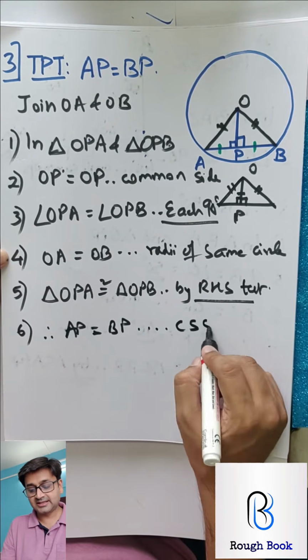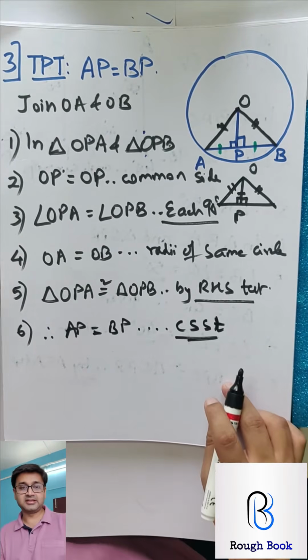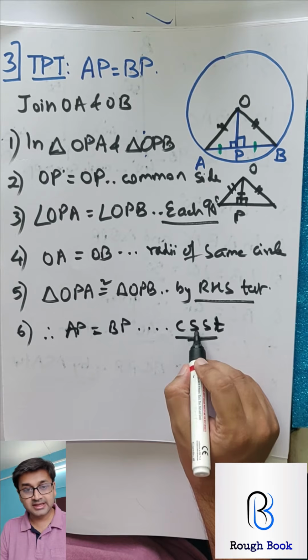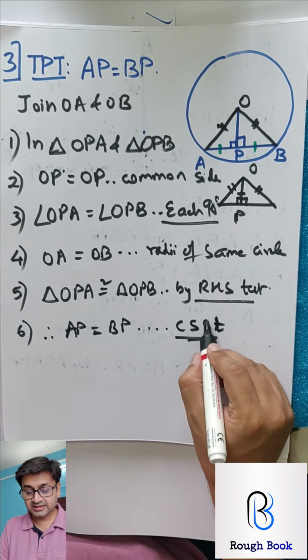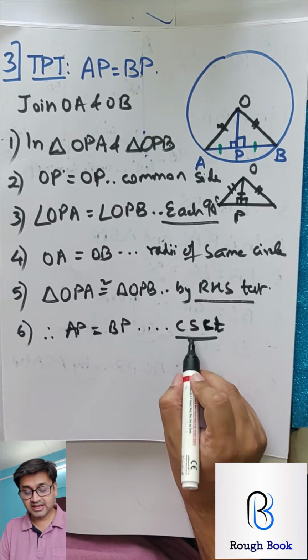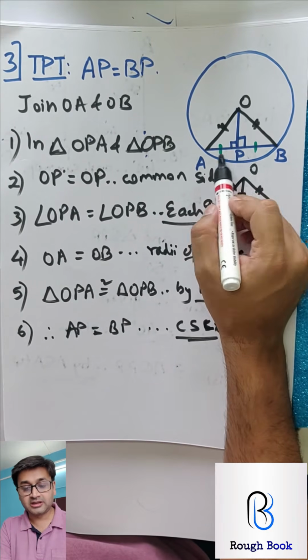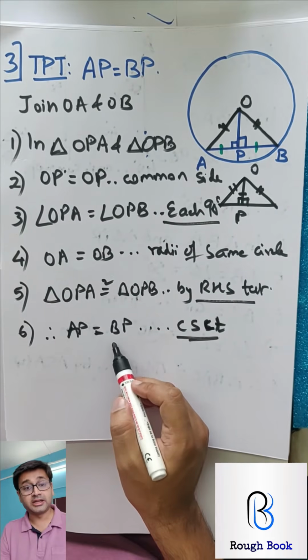Reason will be CSCT. What is the CSCT? Now you need to understand this well. Corresponding sides of congruent triangles. That means if two triangles are congruent, then their corresponding sides also are equal.